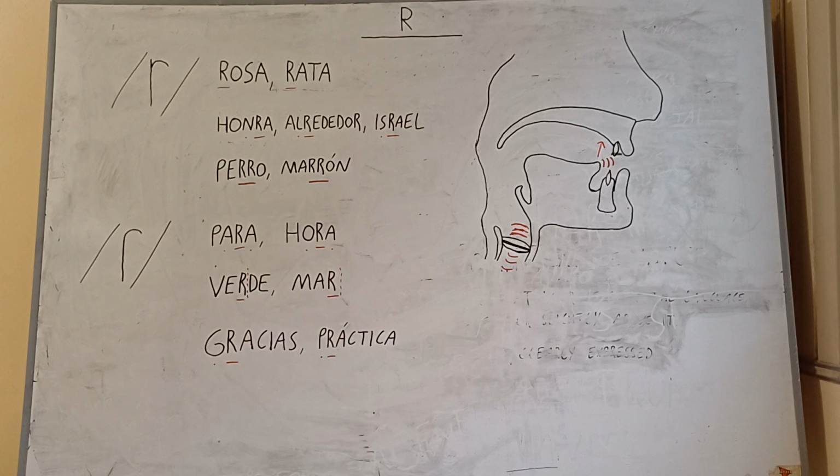Now, in Spanish, the letter R has two different sounds. One is the trilled R sound, and the other one is the tapped R. The presence of one sound or the other depends on the position of the letter R in a word.